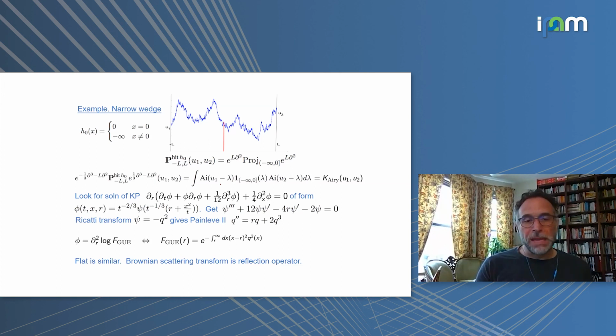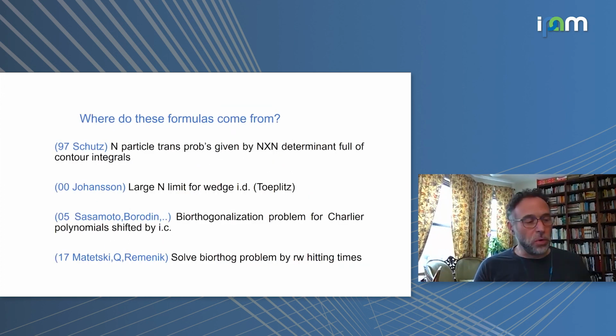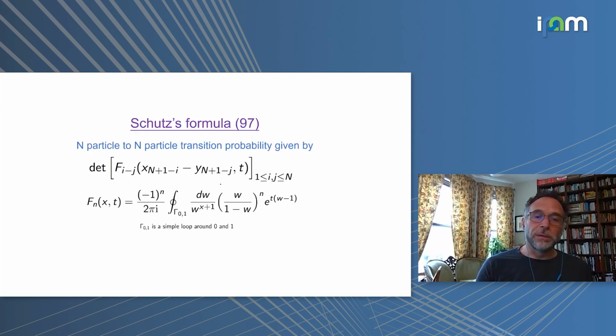Since I only have a minute, I just want to quickly summarize where these formulas came from. They're basically versions of Schütz's formula from 1997, which gave you n particle transition probabilities of TASEP via contour integrals. So Schütz's formula looks like this. This is a formula for the n particle to n particle transition probabilities of TASEP. There are determinants full of contour integrals.